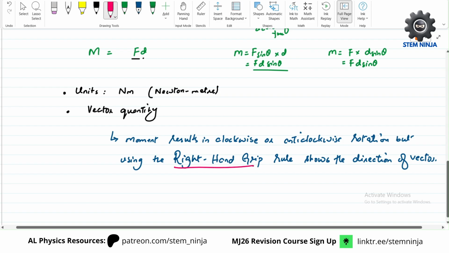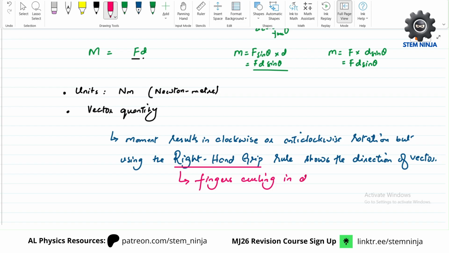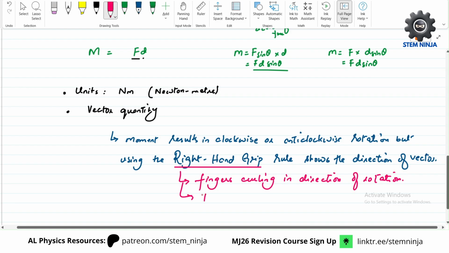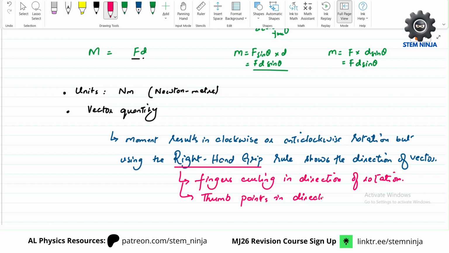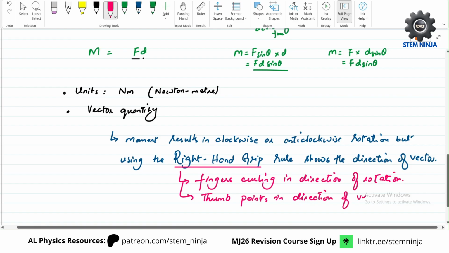So what is this right hand grip rule? Basically your fingers are curling in the direction of rotation, and the thumb points to the direction of the vector.